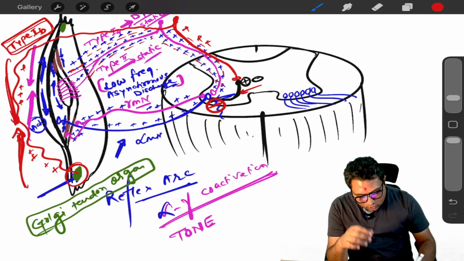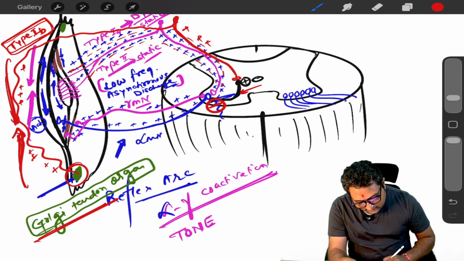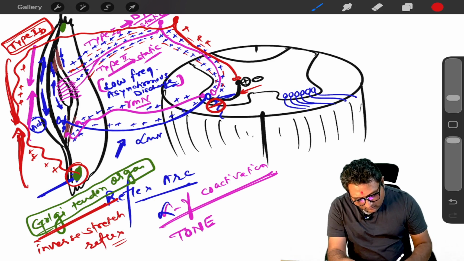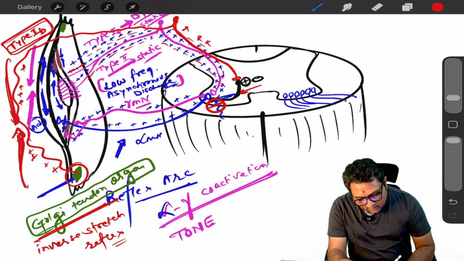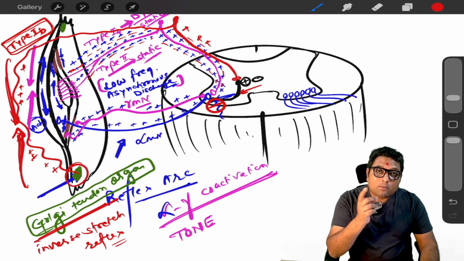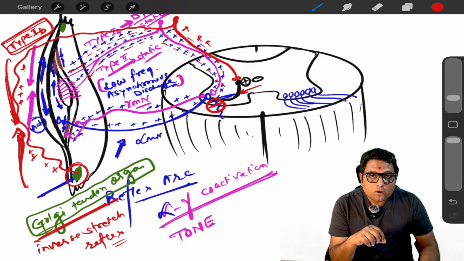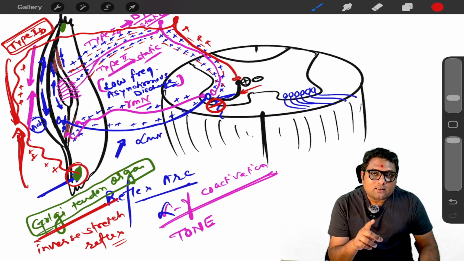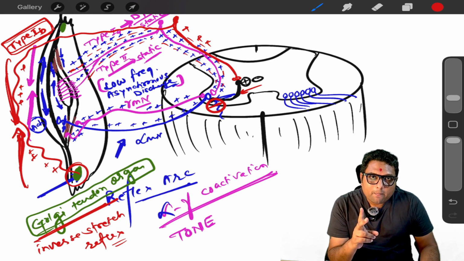So basically this Golgi tendon reflex is the inverse stretch reflex. Type 1A and type 2 fibers from the muscle spindle stimulate the alpha motor neuron, but it is monosynaptic. There are no interneurons. So the stretch reflex is itself monosynaptic, whereas the Golgi tendon reflex is disynaptic.